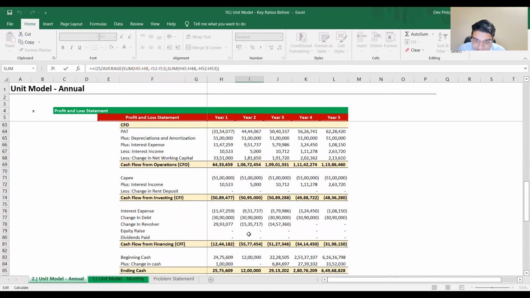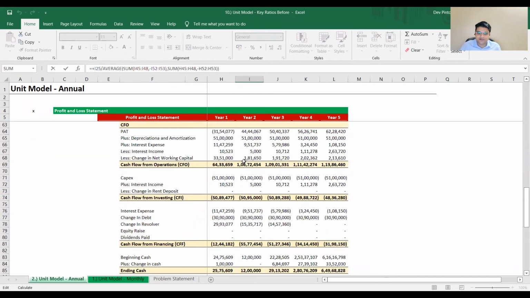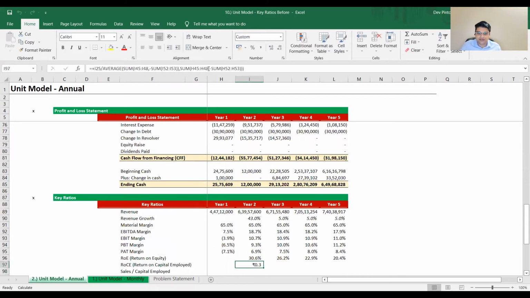Okay, why am I getting a hashtag value? I think because of the sign, right? Yeah, so then let's do minus sum here as well. Right, there we go, 25%.